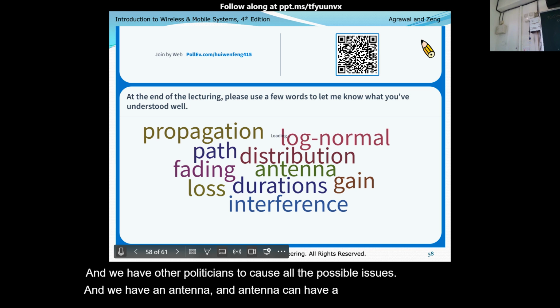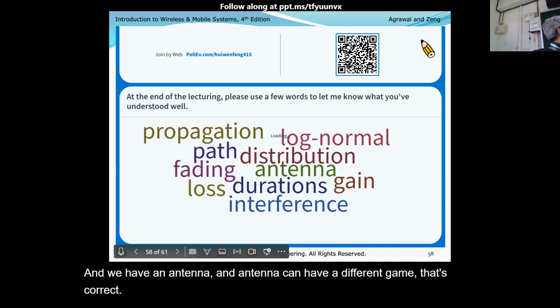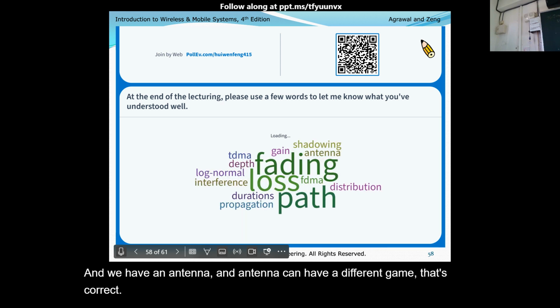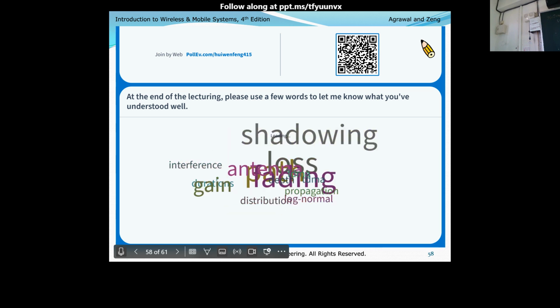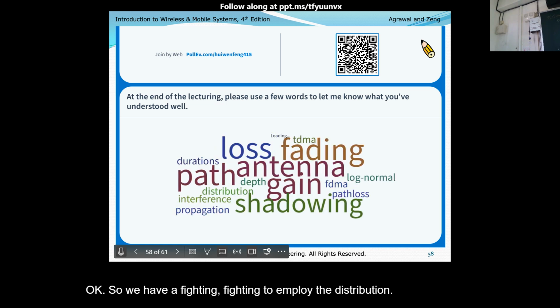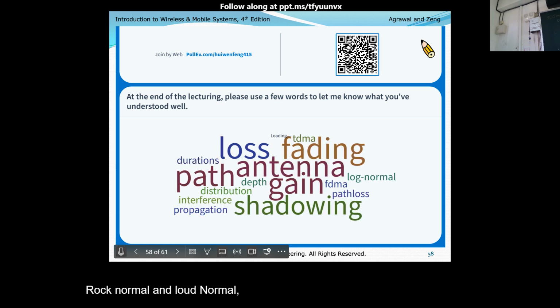That's correct. And we have fading. Fading can employ the log normal distribution. And log normal is actually the original term for the shadowing effect. Oh, okay. That's all, no problem.